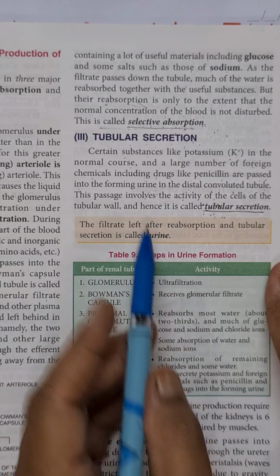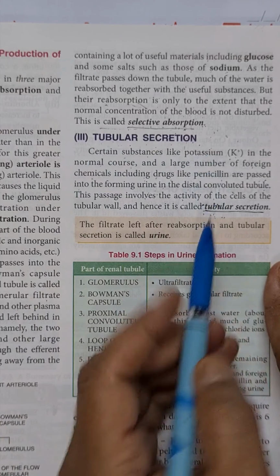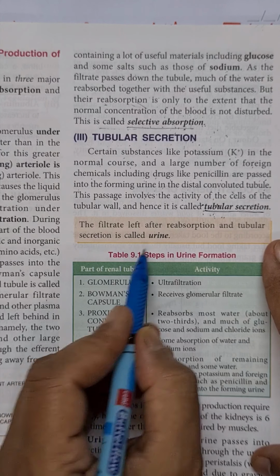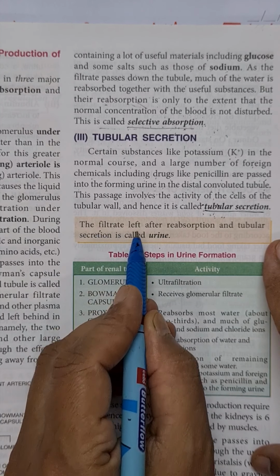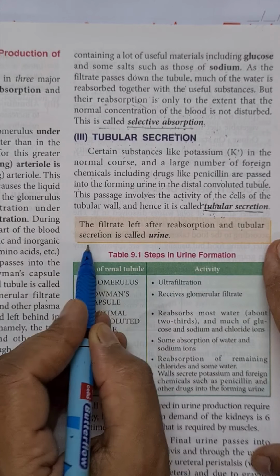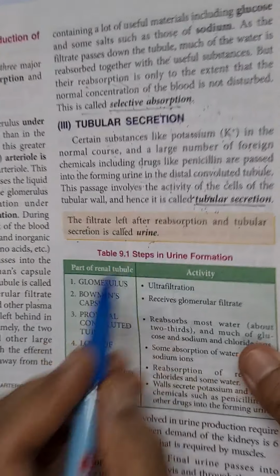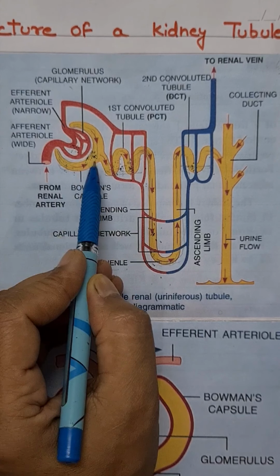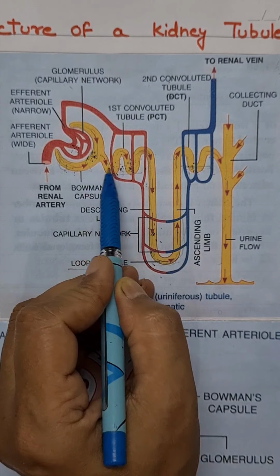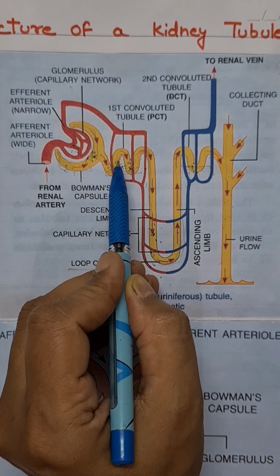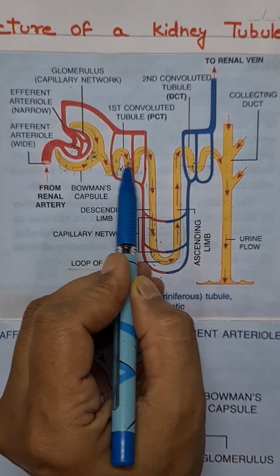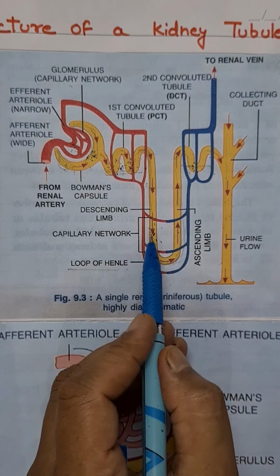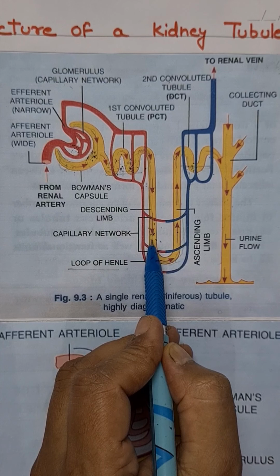After the process of tubular secretion, the fluid which is there at the end of the DCT, we call it urine. The filtrate left after reabsorption and tubular secretion is called urine. So again, coming to the diagram, ultrafiltration receives glomerular filtrate. Here in the PCT, reabsorption of water, glucose, sodium and chloride ion takes place. In the loop of Henle, reabsorption of water and sodium ion takes place.